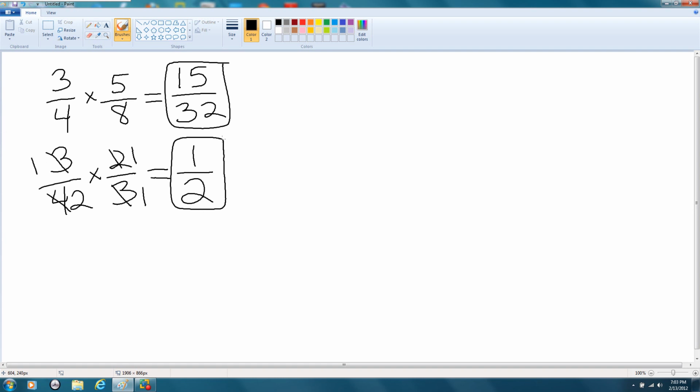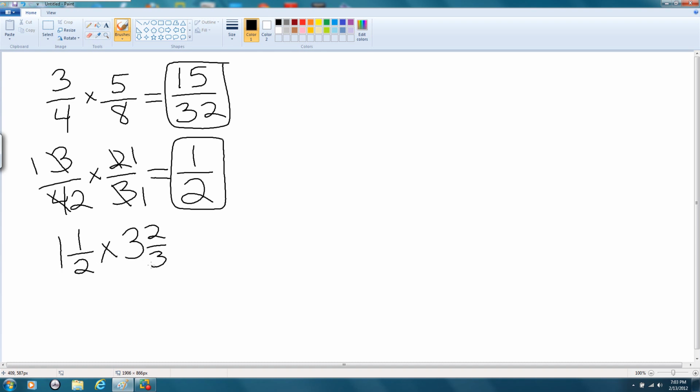Now, continuing with multiplication, I'm now going to multiply with mixed numbers. So let's say, for example, I have 1/2, and I'm going to multiply that by 3 2/3.